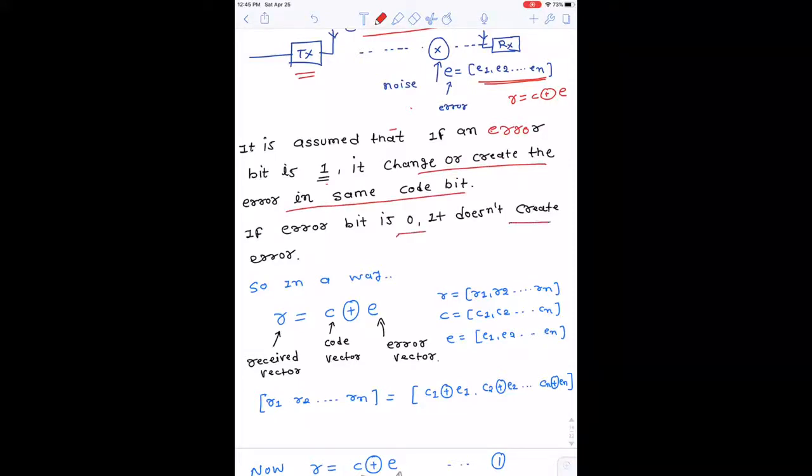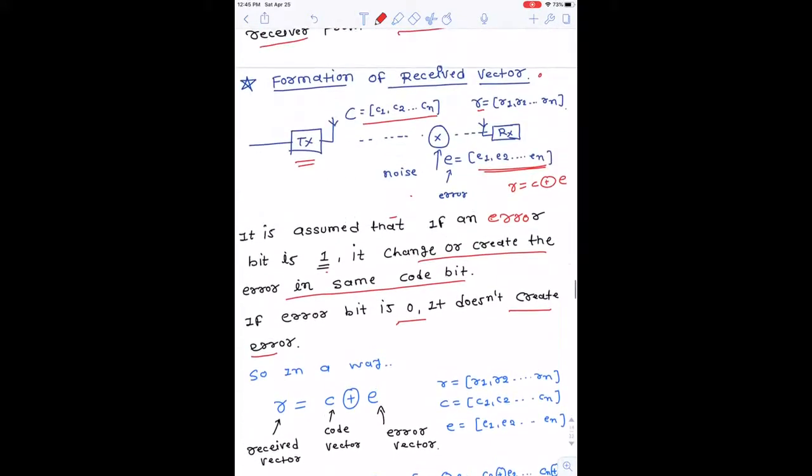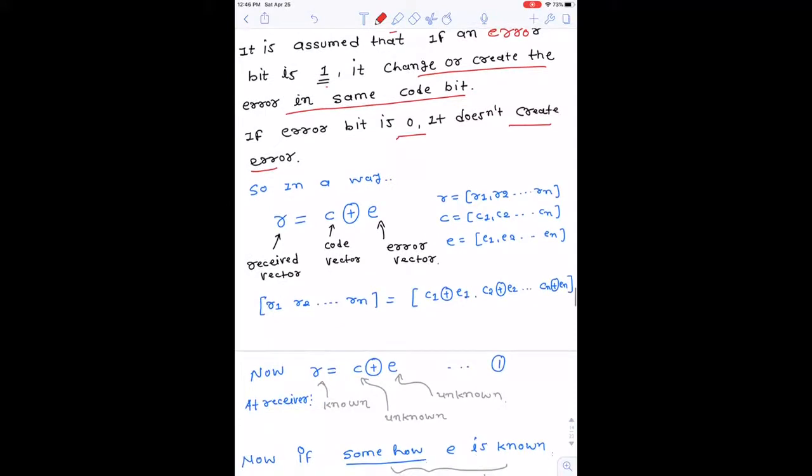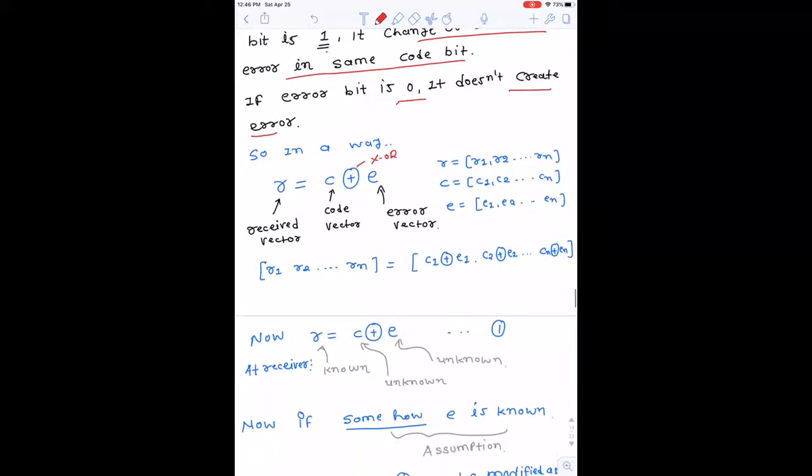And if the error bit is 0, it works silently on the code vector and doesn't create any error. So the received vector R is basically the code vector modified by the error vector E. It can be obtained with the combination of C and E, and that is the XOR operation between code vector C and error vector E.